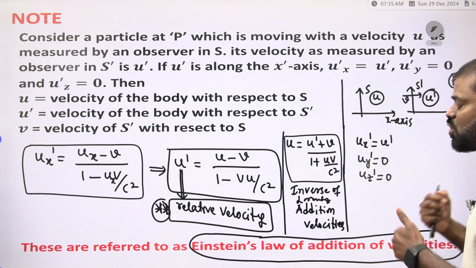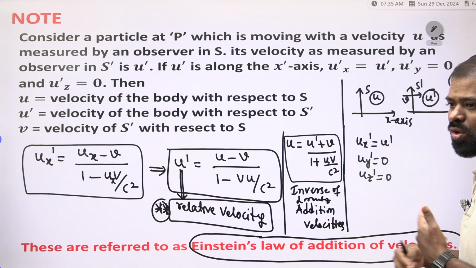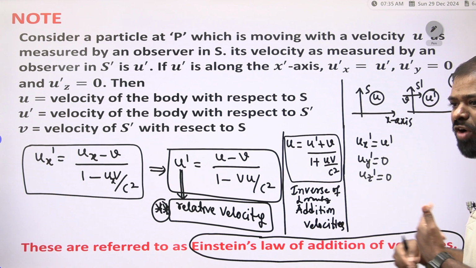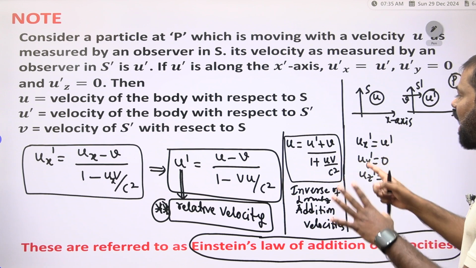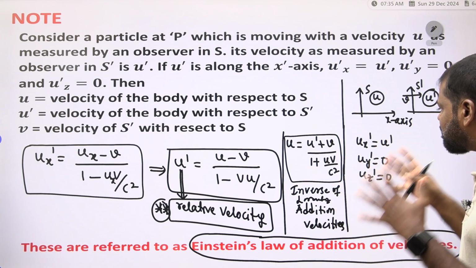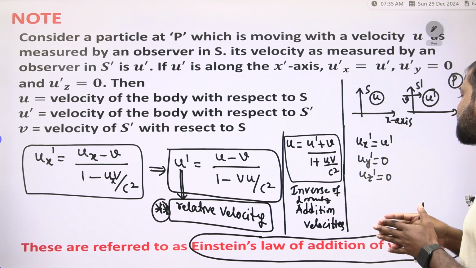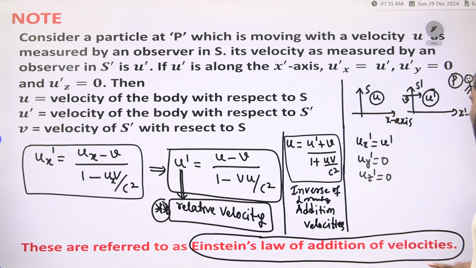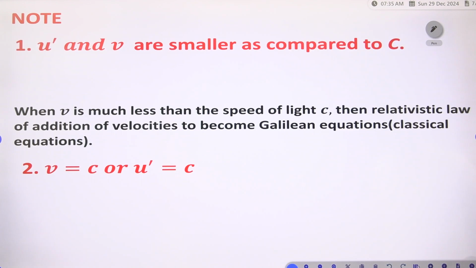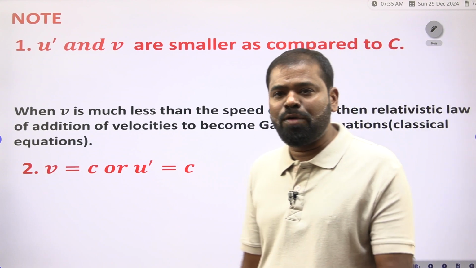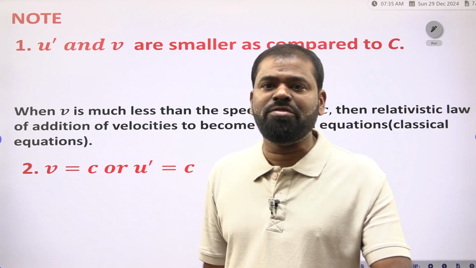These two expressions you have to remember: u dash is equal to u minus v divided by 1 minus uv by c square, and u is equal to u dash plus v divided by 1 plus u dash v by c square. Please concentrate on this. Not only this, we also have to discuss the interpretation of these equations.